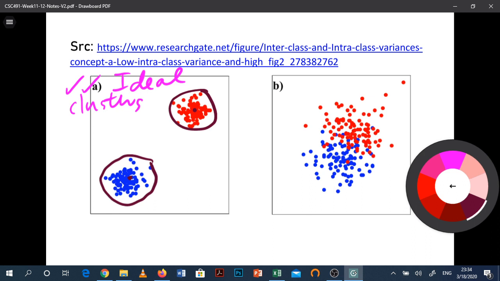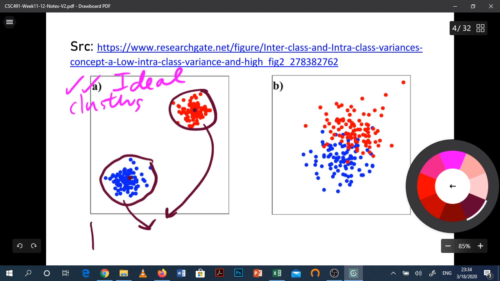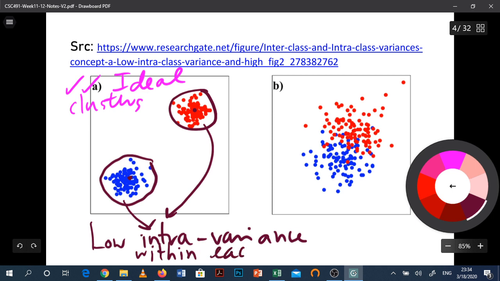So this shows it has low intra-variance within each cluster, or in other words, it is compact.